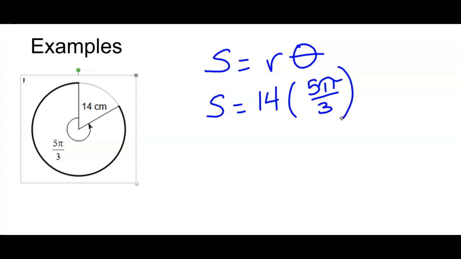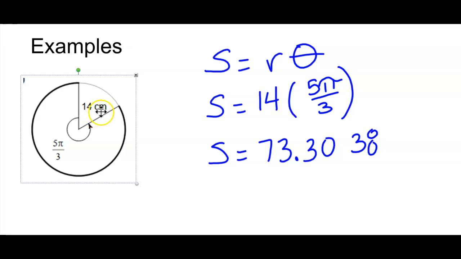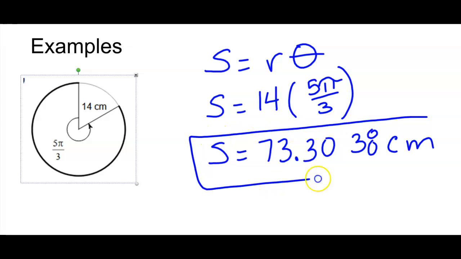So you just punch this all in your calculator. You end up with 73.3038, and since this measurement was in centimeters, then so is your arc length. So it takes on the unit of whatever your radius was in.